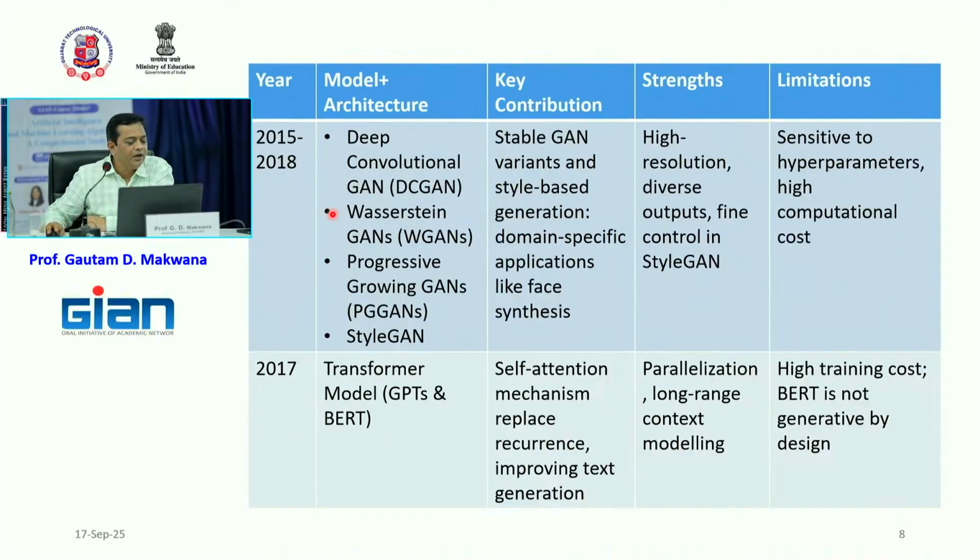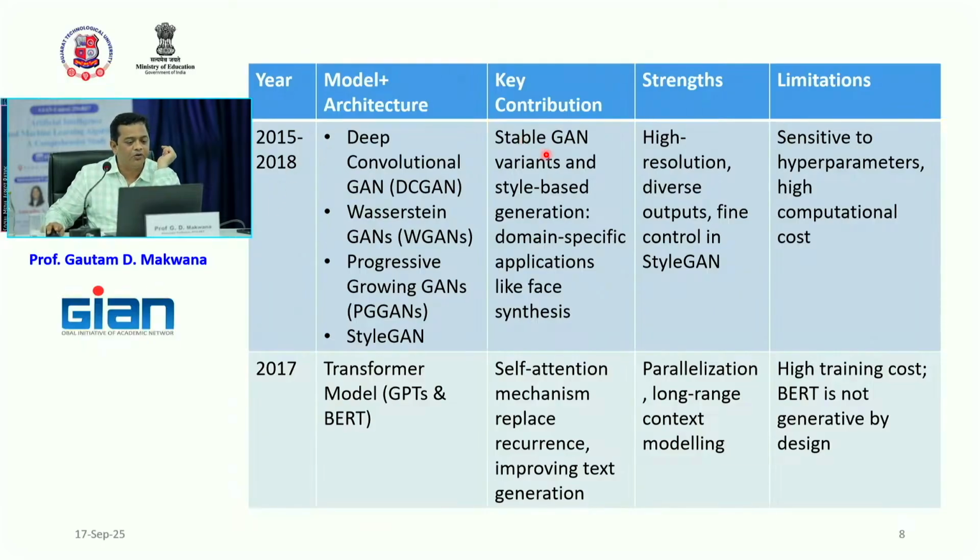In 2015 to 18, there are deep convolutional GAN, StyleGAN, and progressive growing. These are the combination of deep CNN with the GAN. This is the cascading of two different algorithms during 2015 to 2018.